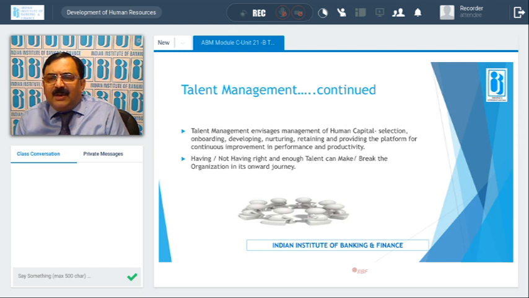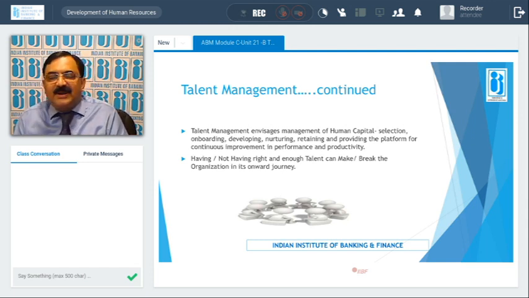Now, not having right and enough talent is very, very crucial, because it can either make or break the organization in its onward journey. So, for the growth of the organization, for development of the organization, we will have to have the right talent, and having the right talent will help us in that particular journey of continuous improvement.